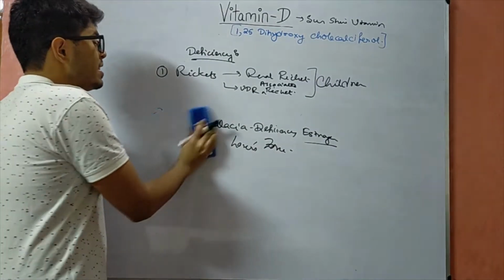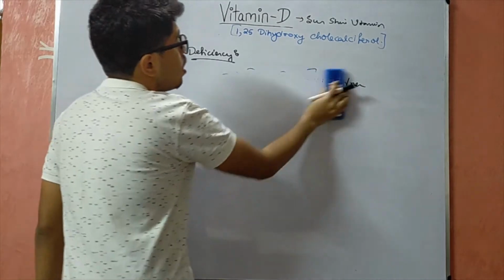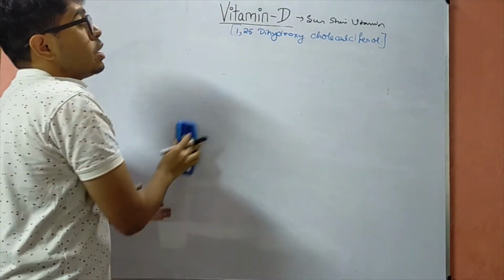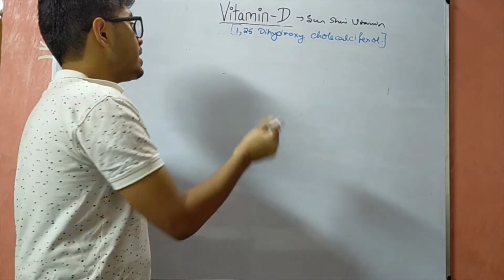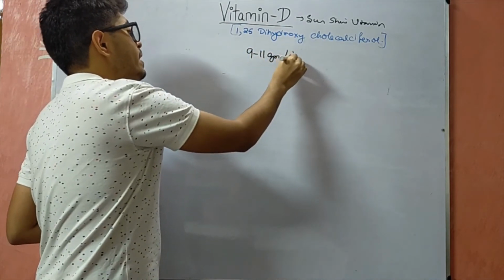Now, what is the normal concentration, or what is the normal level, of calcium in our body? The normal level of calcium in our body is 9 to 11 mg per dl.